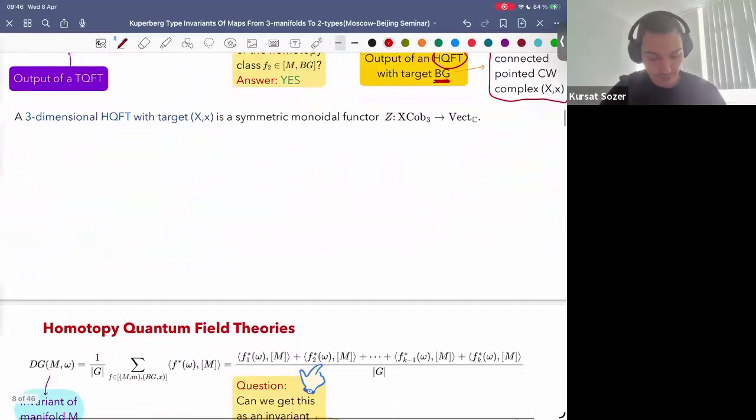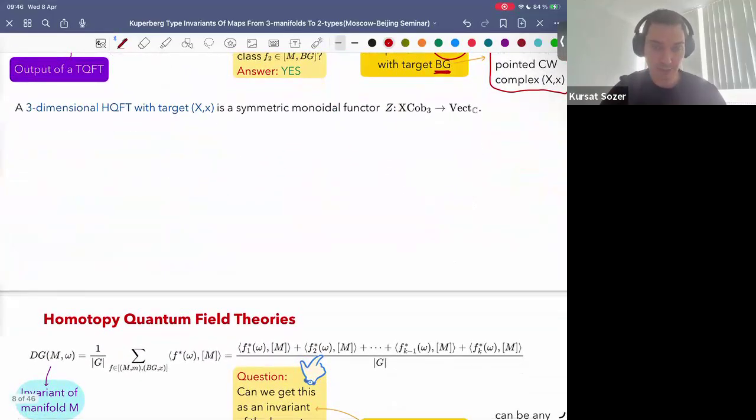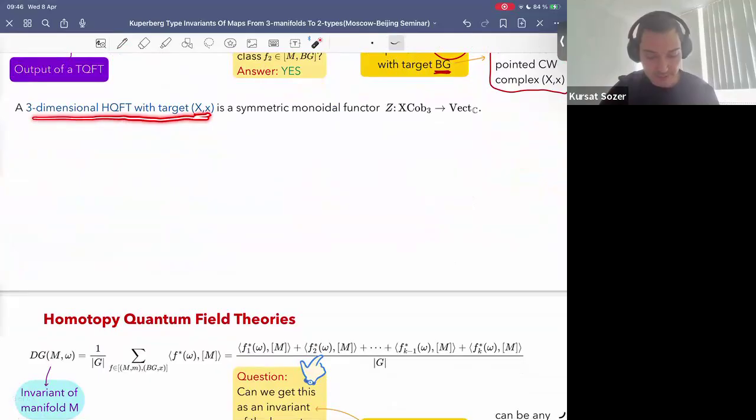Okay, let's define what an HQFT is. When we fix a connected pointed CW complex X, a three-dimensional homotopy quantum field theory with target X is a symmetric monoidal functor from this cobordism category to the category of finite dimensional complex vector spaces. So the question is, what is this cobordism category, which is defined using this target?